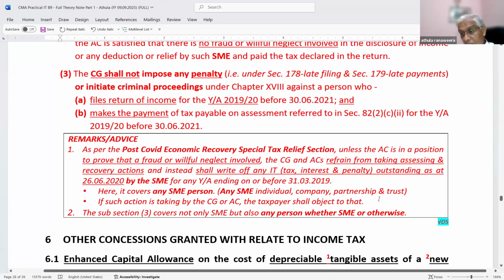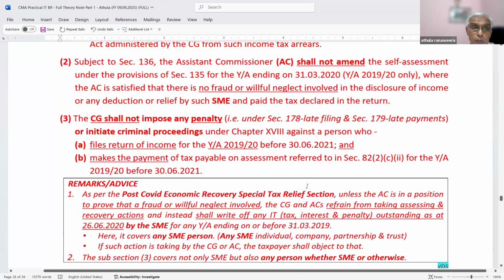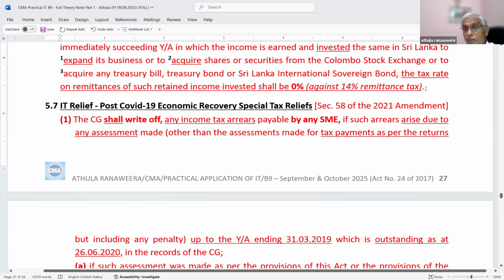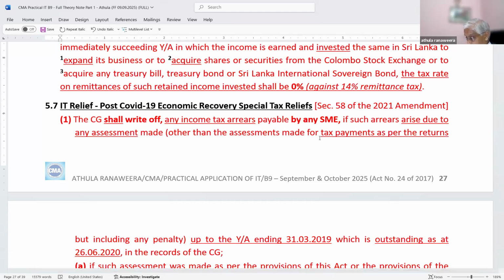Now the time is 9:19. I shouldn't take any more of your time. Therefore, I'll stop at this point. But when you participate in the session next day, please come after reading this.